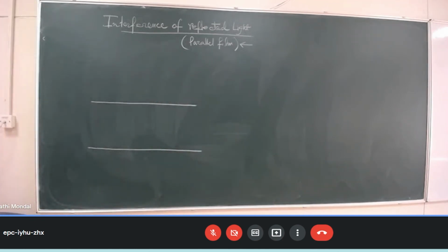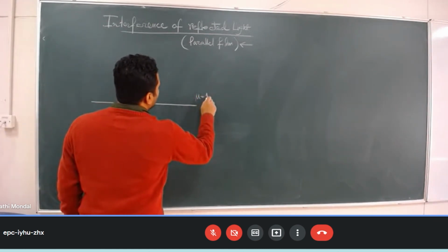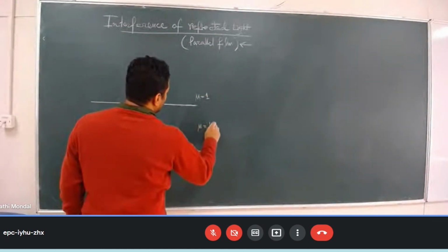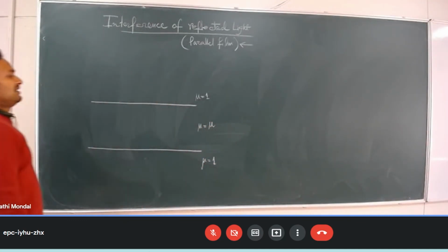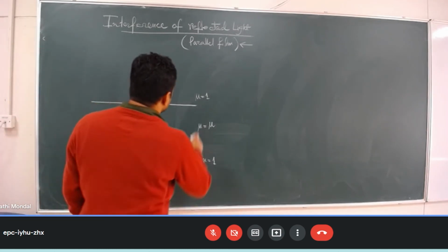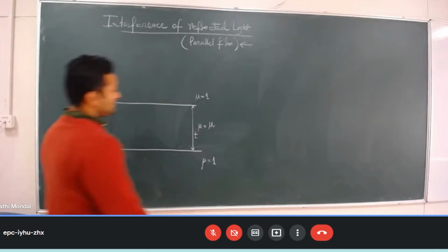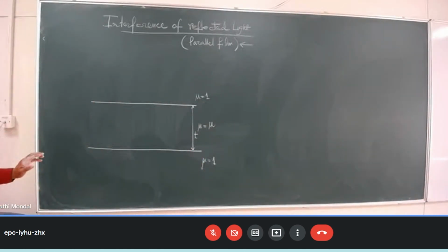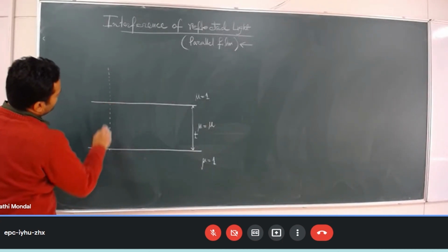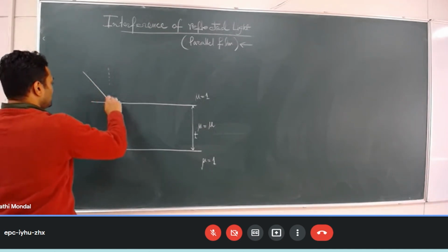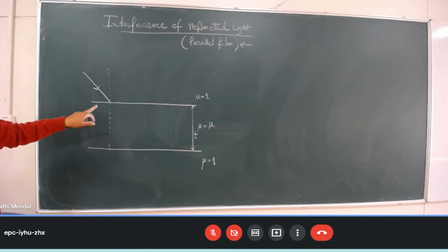Let's say we have air, and we have some denser medium, and we have air outside. Let's say the thickness of the film is T. So this is the perpendicular. Let's say light is incident on the denser medium here.